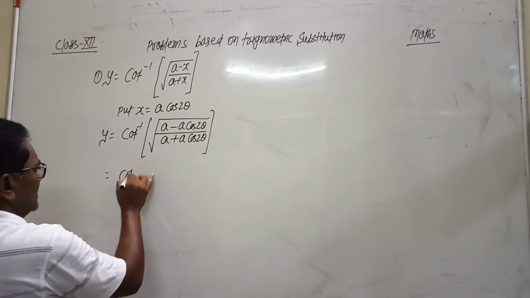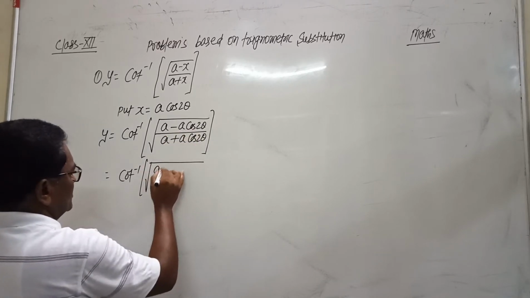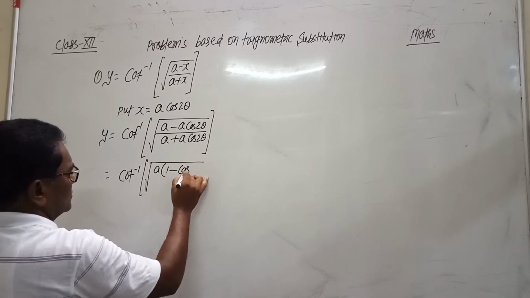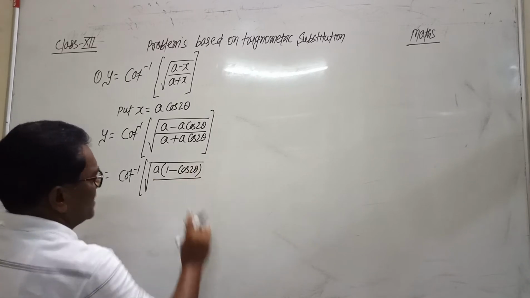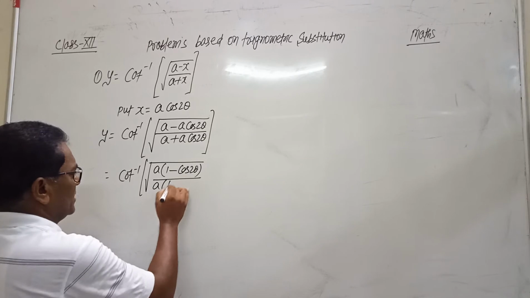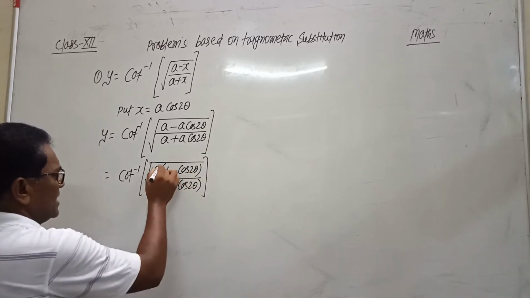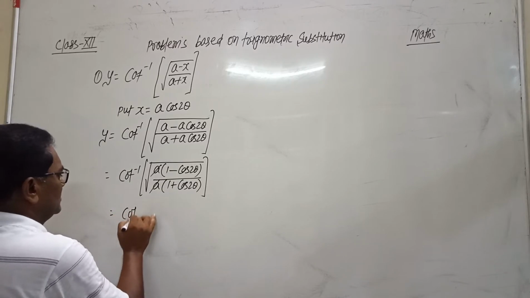From these two terms, a is taken common. So 1 minus cos 2 theta, and from the denominator again a is common, we get 1 plus cos 2 theta. A and a get cancelled.